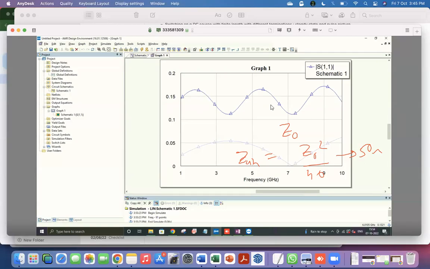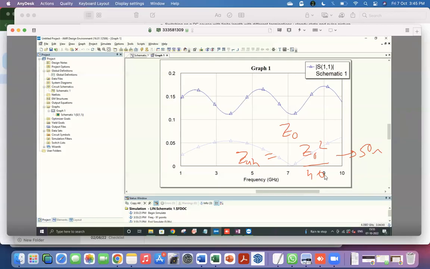No, we have already established that it cannot, right? If we calculate Z naught for this, it's where we get the match.